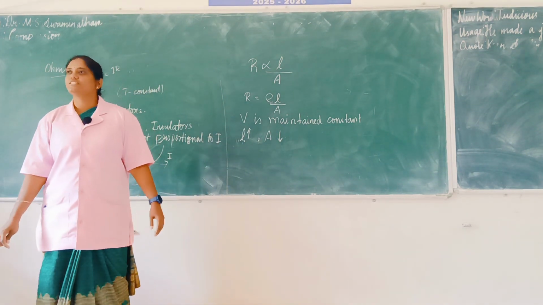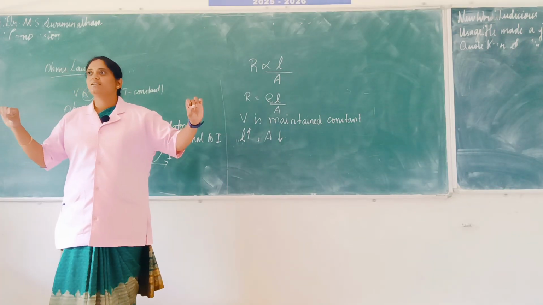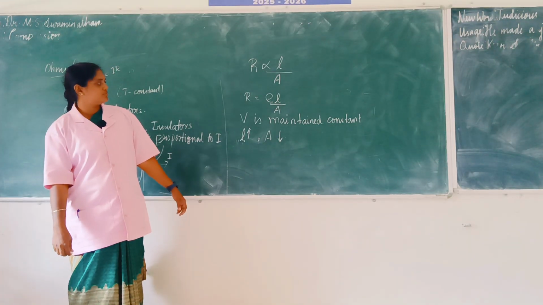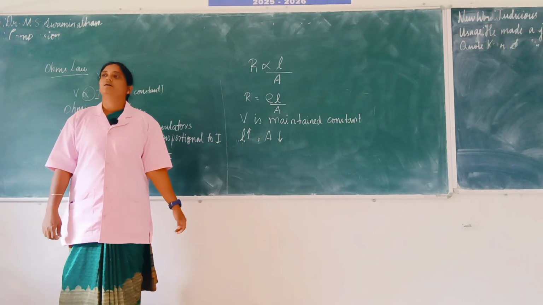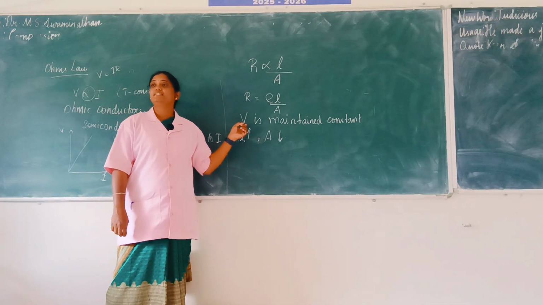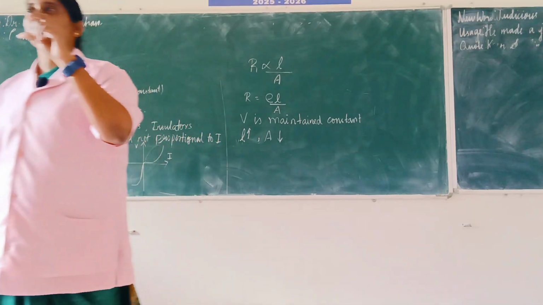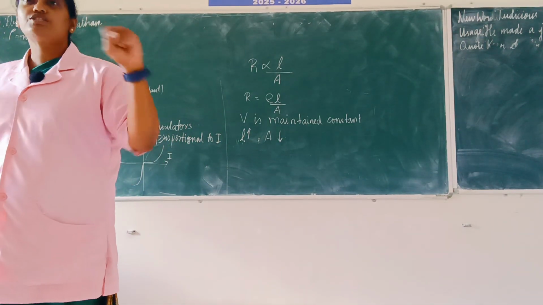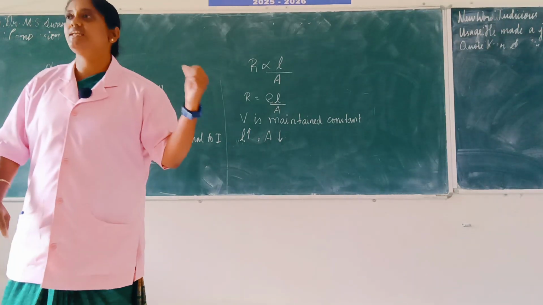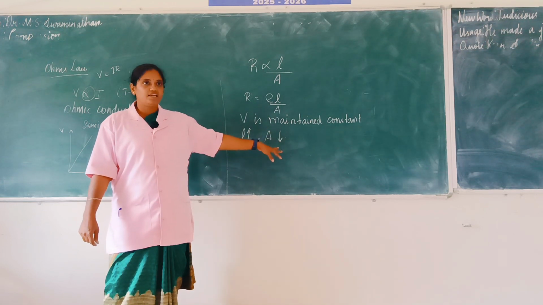The area of cross section of the wire decreases. Let us consider a wire with some thickness and cross-sectional area. If I stretch that material, the thickness decreases as the length increases. Am I right? So length increases, area decreases.